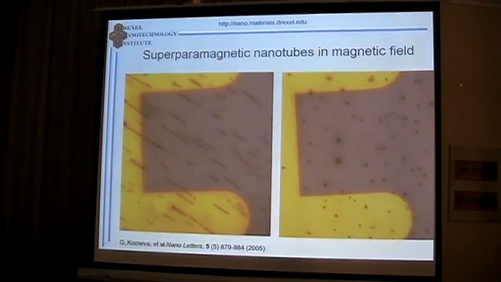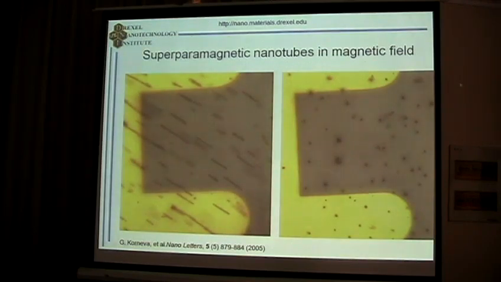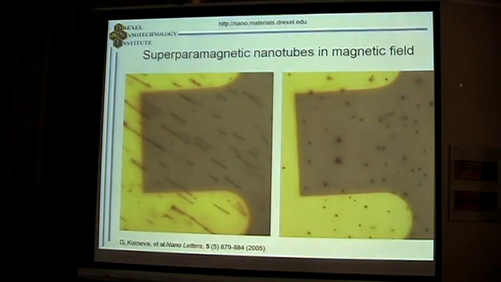You can calculate that an elongated paramagnetic object will basically show some repulsion, and there will be an optimum distance depending on the length and magnetic moment here. What you see here is the same image, but we applied the magnetic field in a different direction, so all these tubes are standing normal to the surface now. It just shows you how you can nicely control carbon nanotubes by using electric or magnetic fields.